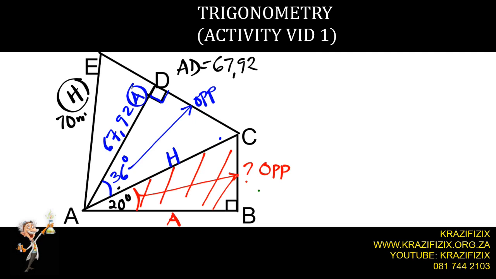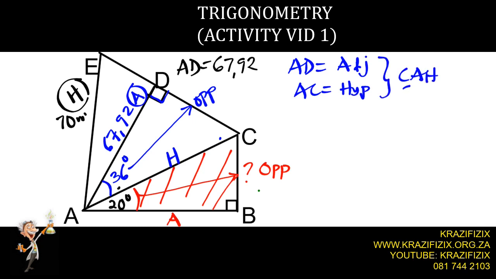If I can get AC, remember AC is connected to the triangle I'm actually looking for at the end of the day. So I have AD as my adjacent side, and AC as my hypotenuse. Again, what do you see? I see cos there.